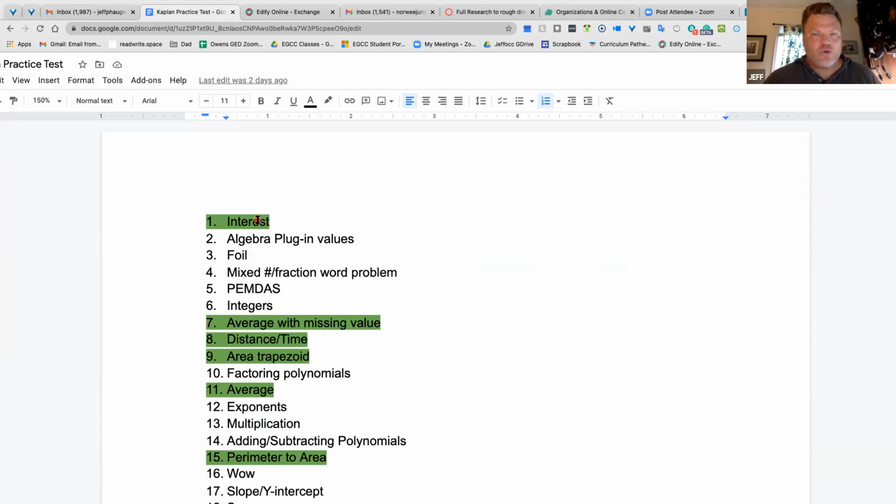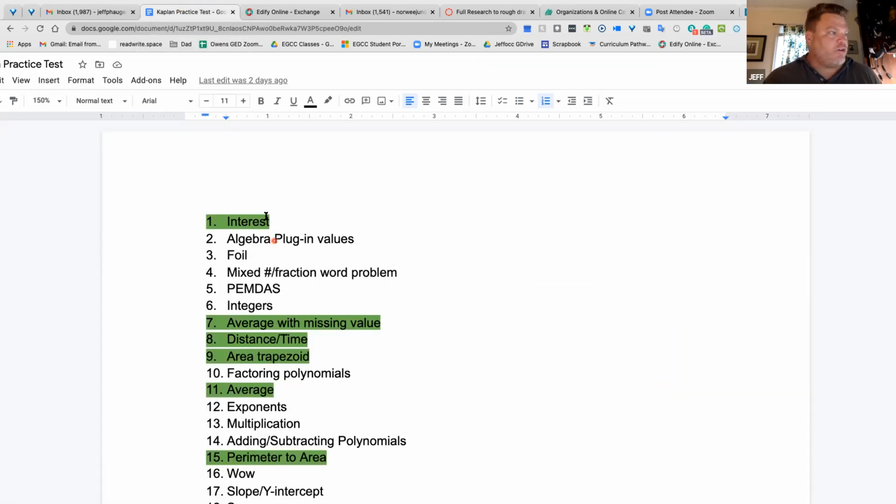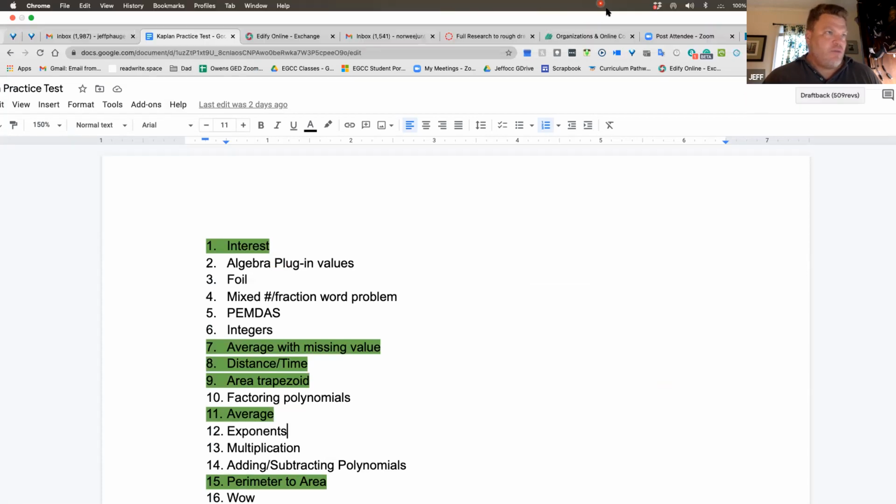So almost 1/4 of the practice test, there's information on the formula sheet that helps us a great deal. So we're going to talk about interest and how to handle interest questions.